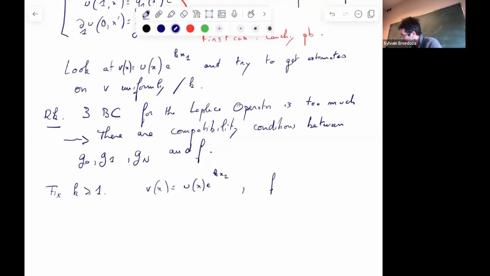I will set capital F of x equal f of x exponential kx1. So in 0, the conditions will be more or less the same. So let me write the equation. So what is the equation satisfied by V?